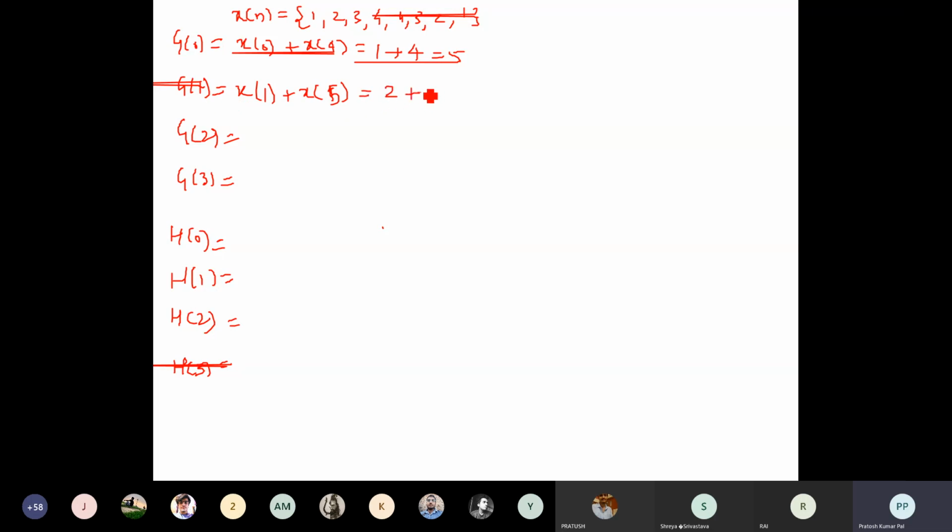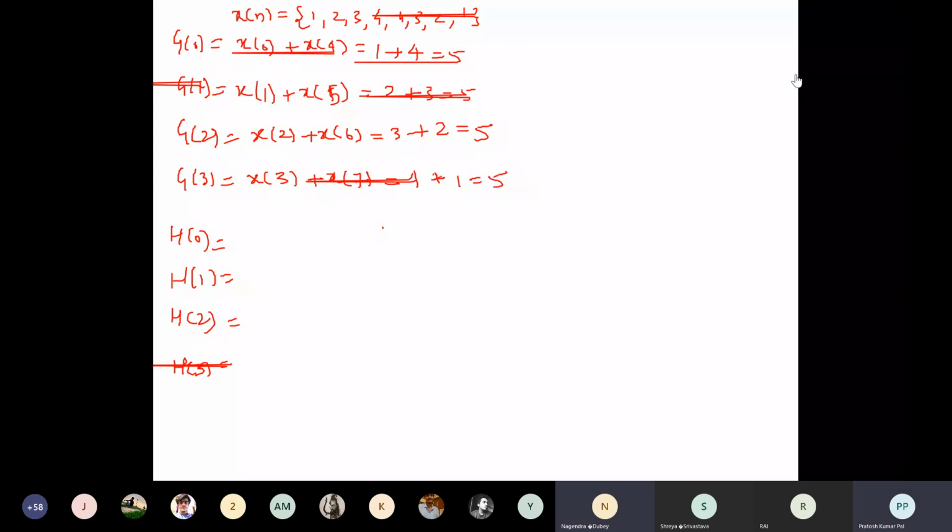It will be 2 plus, again, this will be 3, is equal to 5. x of 2 plus x of 6 will be equal to 3 plus 2, is equal to 5, and x of 3 plus x of 7 will be equal to 4 plus 1, that is 5.